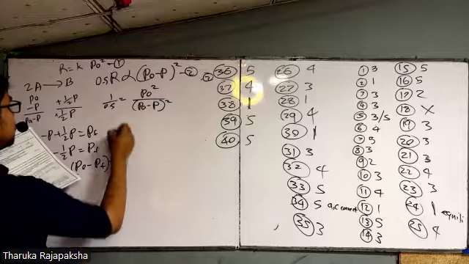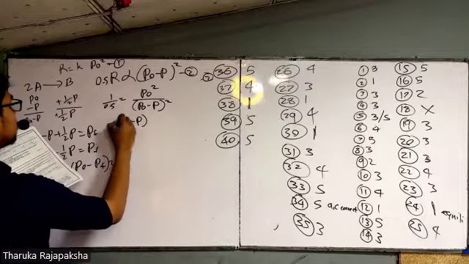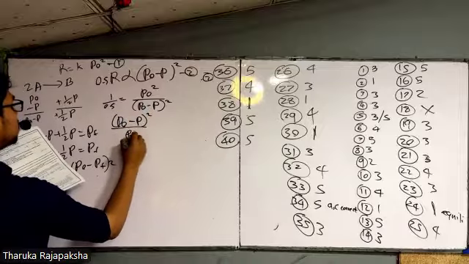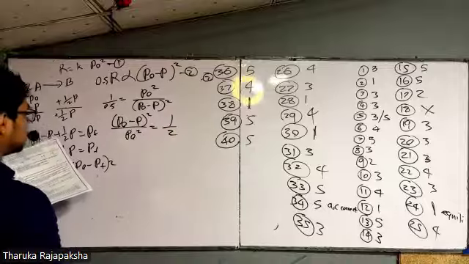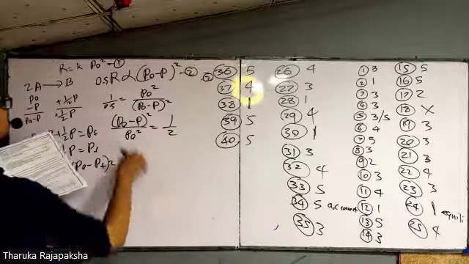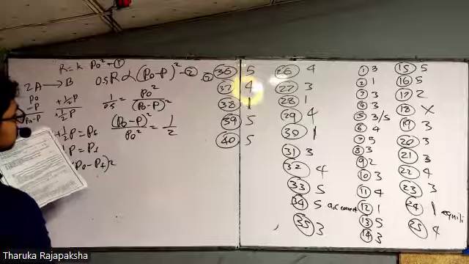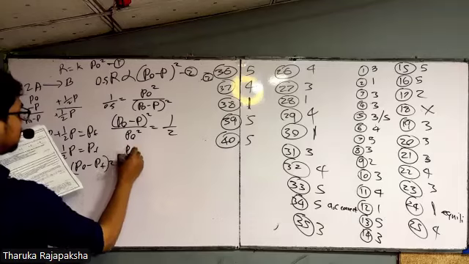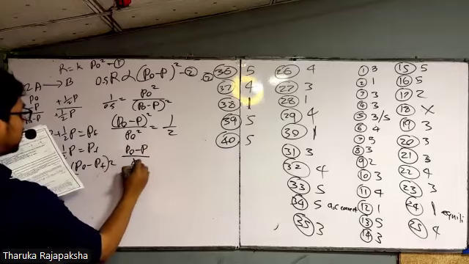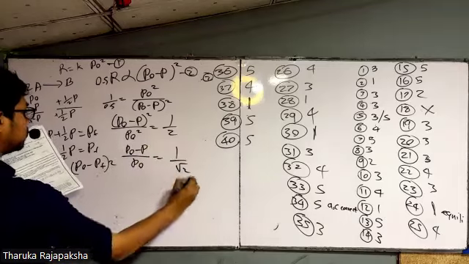I can write it like this: P naught minus P squared over P naught squared will be equal to 1 over 2. I just cross multiplied. I'll take square root on both sides. So P naught minus P over P naught is equal to 1 over root 2.